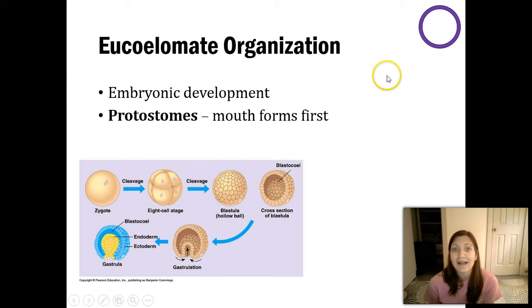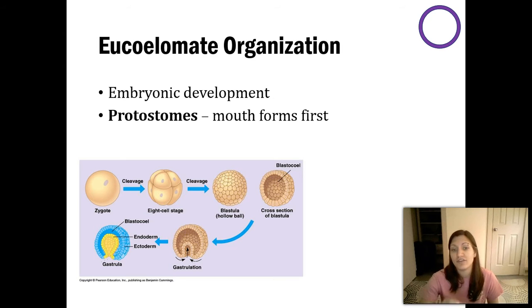So the first classification are our protostomes. And what happens, so here we have the zygote, if you're looking at this image, and it's showing that now this zygote is splitting into more and more cells. And at some point, around the 64 cell stage, you start having what they call gastrulation, gast meaning stomach.